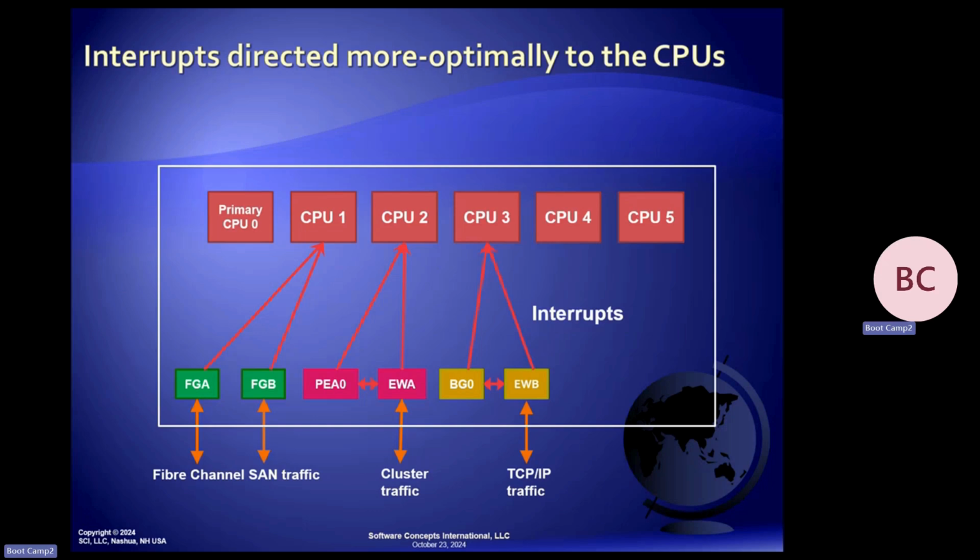Here we have TCP/IP traffic device, we assign that to another CPU. And then we leave the other CPUs for just user processes and not try to direct interrupt state work to those. They'll be able to do their work more efficiently because they have fewer context switches.